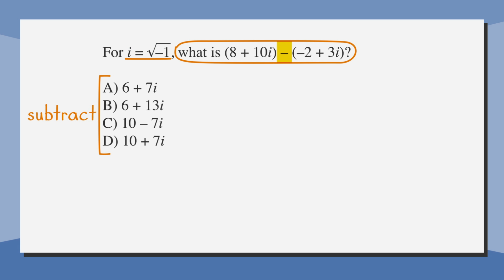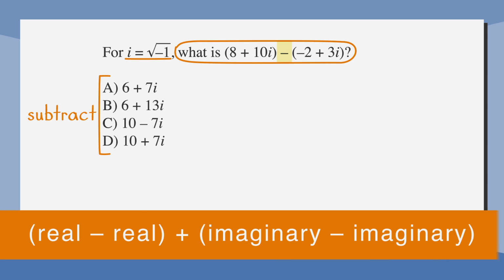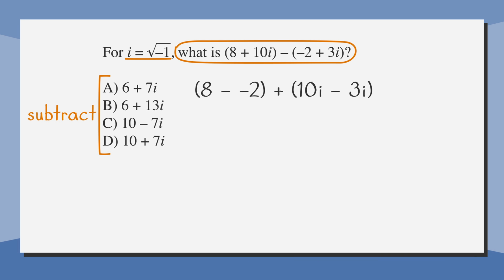We're being asked to subtract, so we'll use the complex number subtraction formula we talked about. Real number minus real number, and then imaginary number minus imaginary number. So we have 8 minus -2 and 10i minus 3i. The double negative turns into a positive, so we have 8 plus 2 and 10i minus 3i, which gives us 10 plus 7i, or answer choice D.